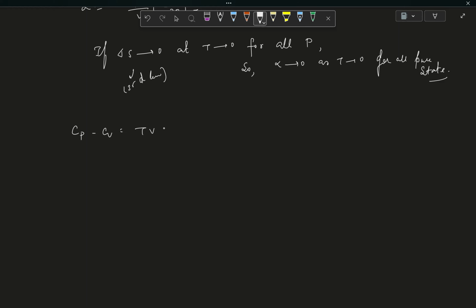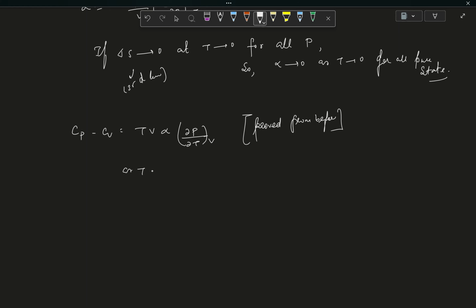Cp minus Cv is equal to T V alpha del P del T at V constant. This was proved before, so I am not going to show the proof again. Here alpha is the volume expansion coefficient and the rest of the terms are in the standard form.